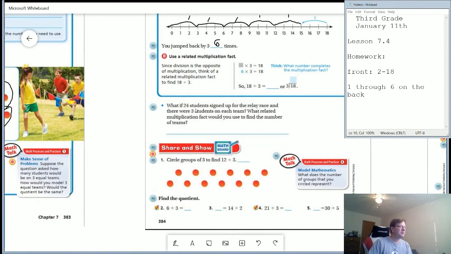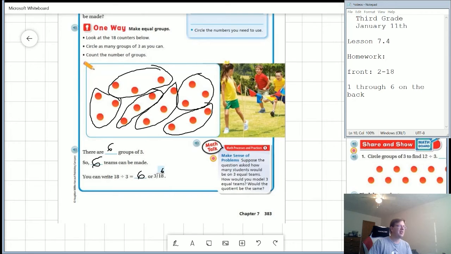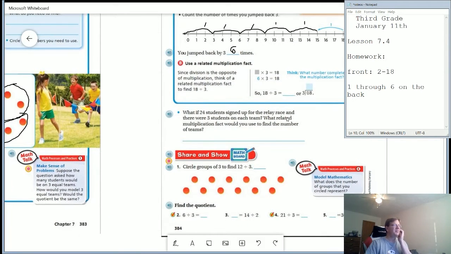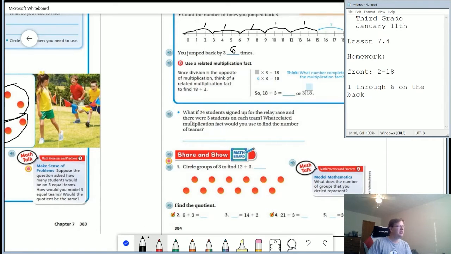If 24 students signed up for the relay race and there were 3 students on each team, so we started with 18, what related multiplication fact could we use to find the number of teams? This is really important. We can do 3 times a blank equals 24.